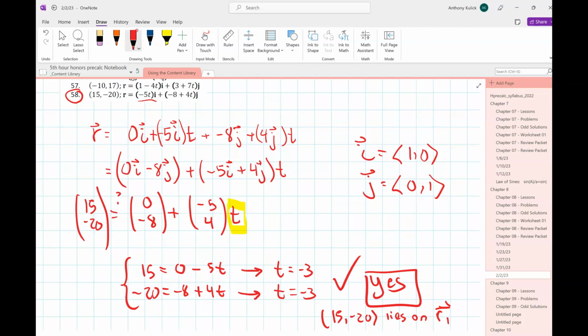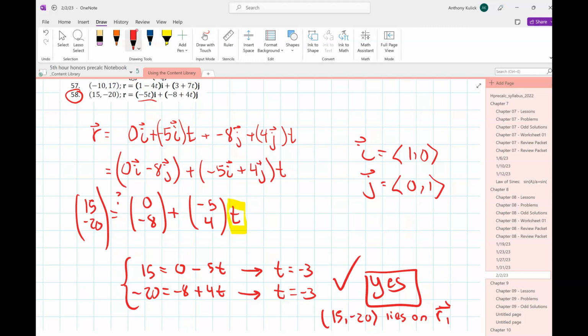If the t's were different, we'd say no, the point doesn't lie on the line, because there's not some parameter t that can generate the point in question. So this is how we tell the difference between parallel lines and coinciding lines: you take the point vector from R1 and plug it into R2 and see if that point lies on the line.